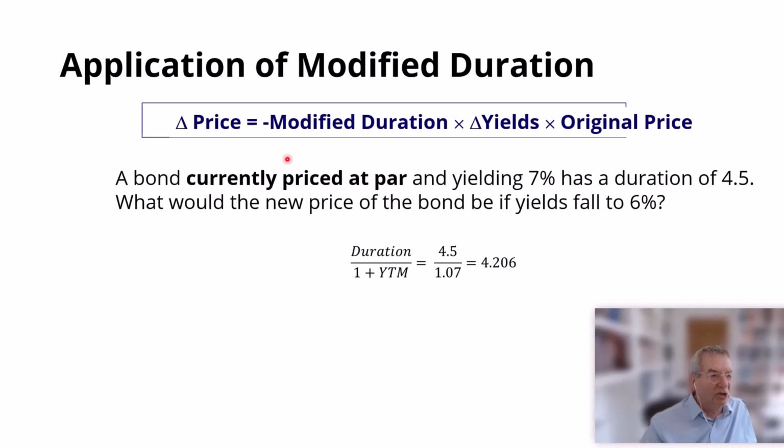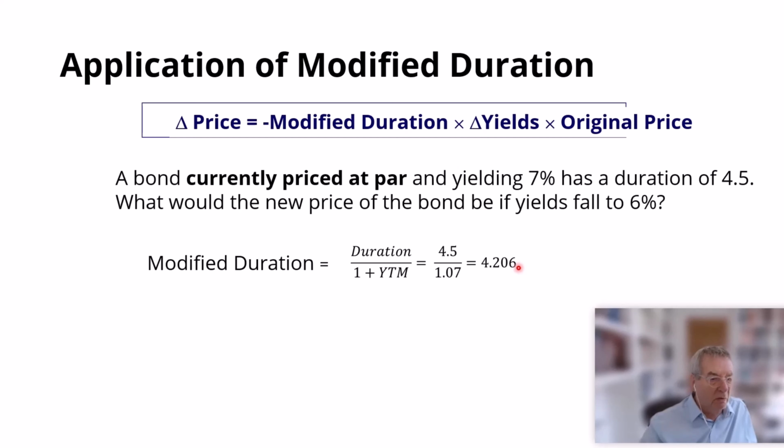So we have almost everything we need to plug into this formula, but we need to consider modified duration. Modified duration is simply the Macaulay duration of 4.5 divided by 1 plus the yield to maturity, the current yield to maturity, which is 7%. That simple maths resolves to 4.2.